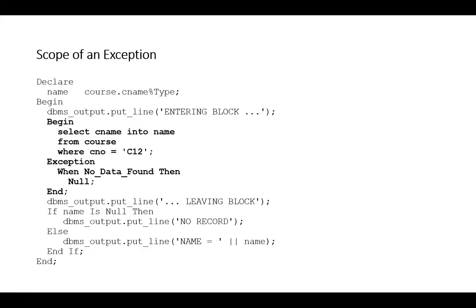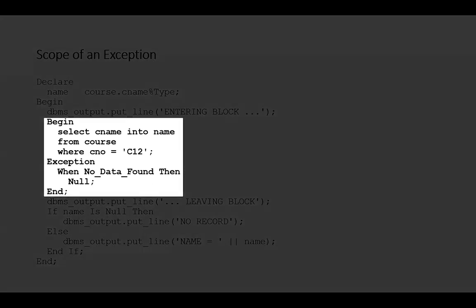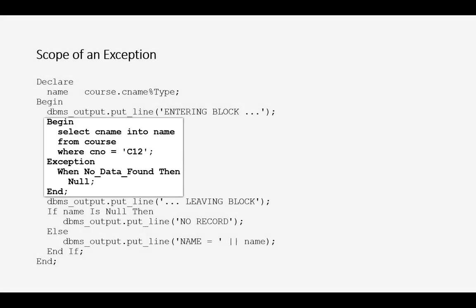Here's an application that has a PLSQL block within a block. We have the main program introduced by the word declare, and its executable section is introduced by the word begin and runs all the way to the end of the code. But within the executable section, we have another anonymous block introduced by the word begin, and it has a local exception handler.